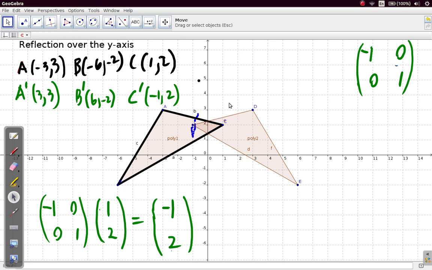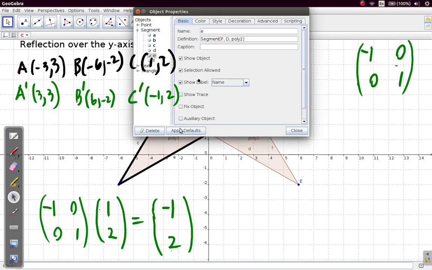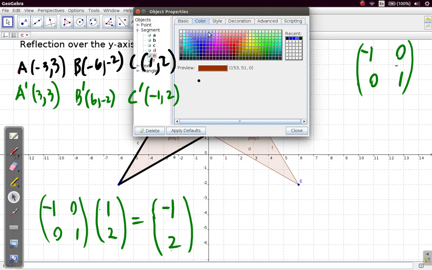Now let us make the sides of this triangle green and thicker. Some dark shade of green. Where can we find a dark green? Okay, let's use this.